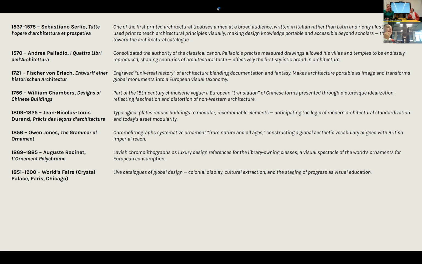So again, the lecture is what they're about. It's a little bit listed on the base, so you can see when there are lectures and a little bit what they are about. And you maybe would have seen that today's talk is titled from the pattern book to the asset library.